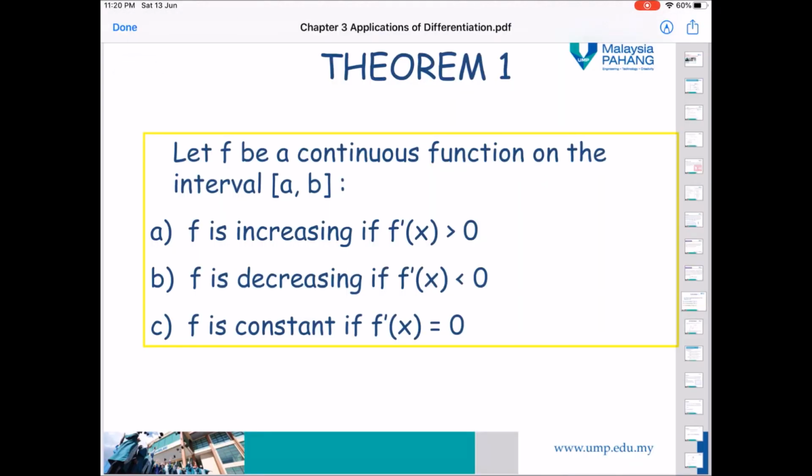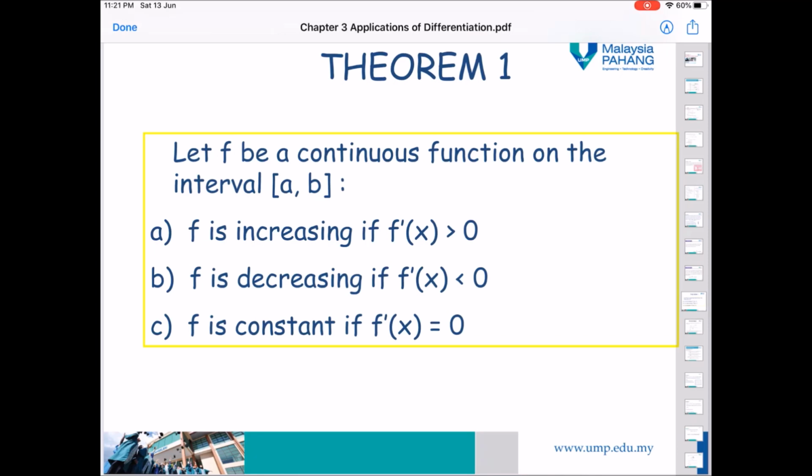So let's see the first theorem. Let f be a continuous function on the interval [a, b], the domain from a to b. Then f is increasing if your first derivative, f prime x, is greater than 0.